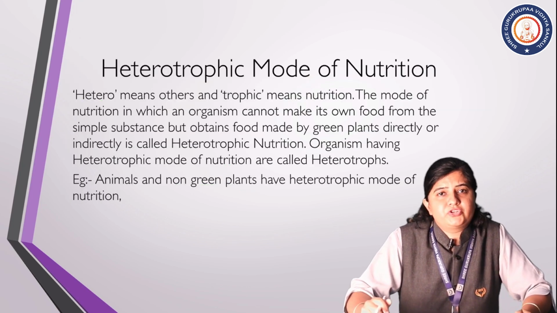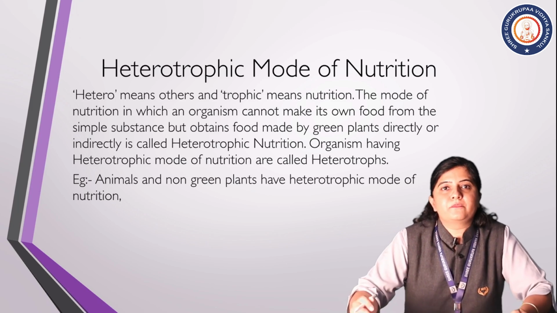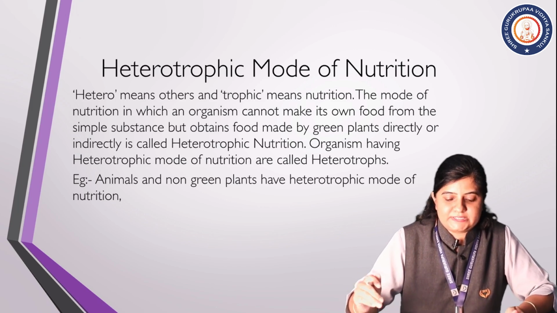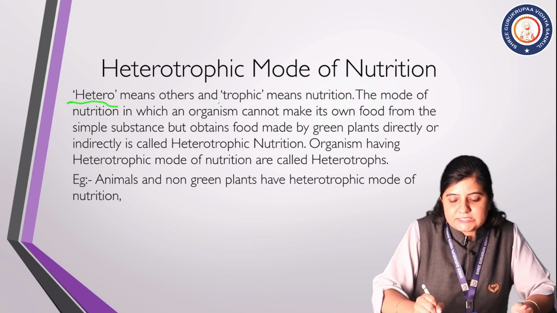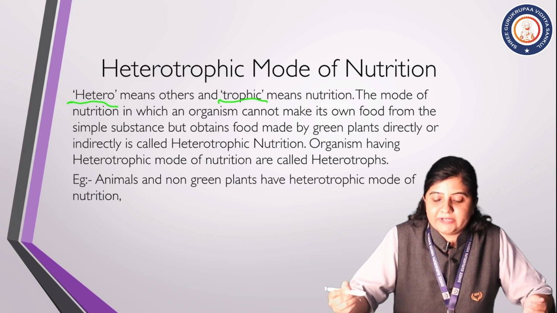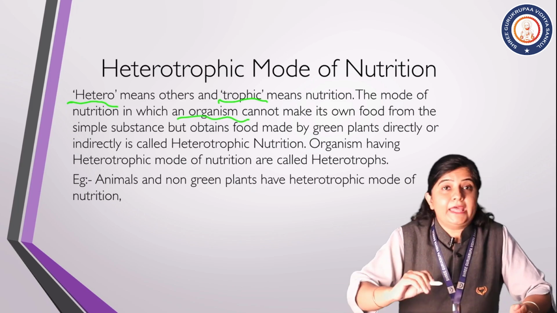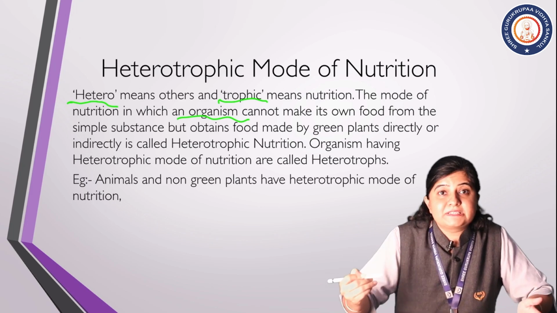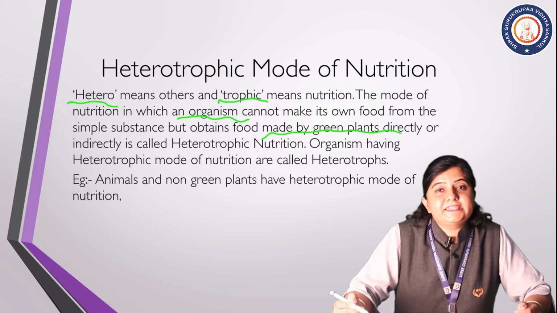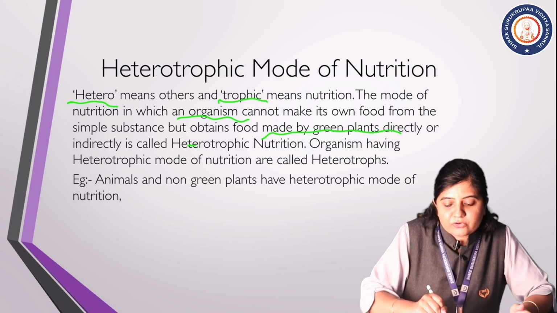The next type of mode of nutrition is the heterotrophic mode of nutrition. In the same way as autotrophic, heterotrophic is derived from two words: hetero and trophic. Hetero means others and trophic means nutrition or nourishment. So that mode of nutrition in which an organism cannot make its own food from simple substances but depends on others for food, directly or indirectly on plants, comes under heterotrophic mode of nutrition.